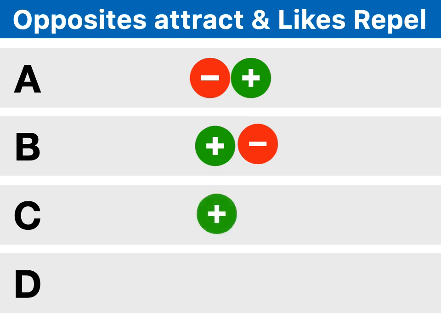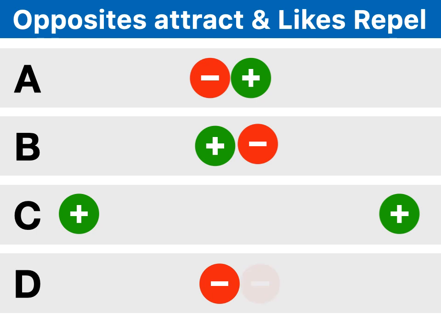Furthermore, if you put a proton and a proton next to each other, they're going to repel. And of course, an electron and an electron, or negative charge and negative charge, again, they repel. They're just like magnets, north and north versus north and south. So charge behaves very similarly to magnets repelling or attracting.